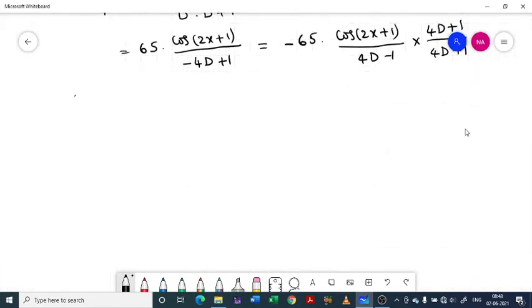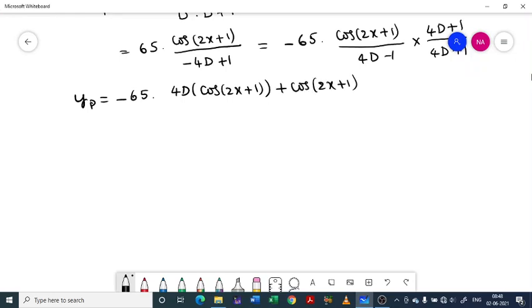yp to be minus 65 into 4d times cos of 2x plus 1 plus cos of 2x plus 1 divided by 16d square minus 1. So yp will be minus 65 times 4 times the derivative of cos of 2x plus 1.